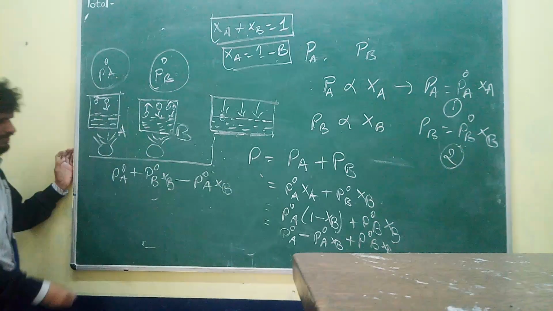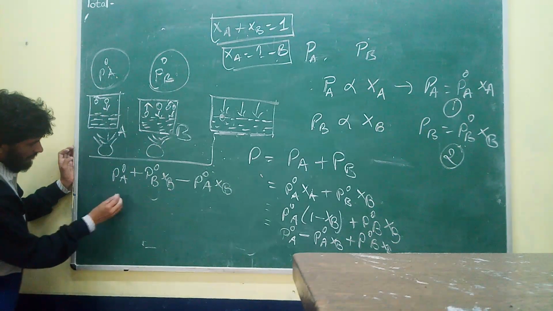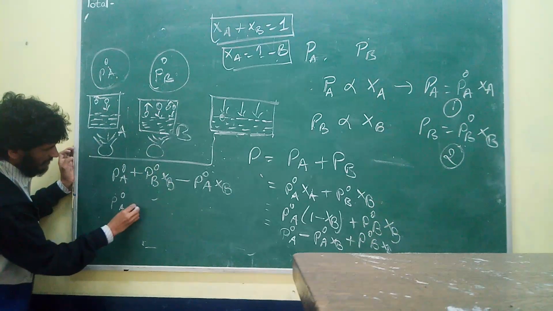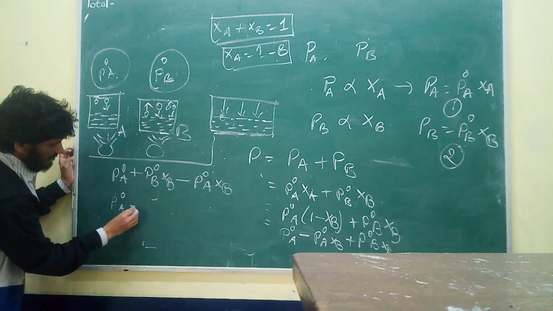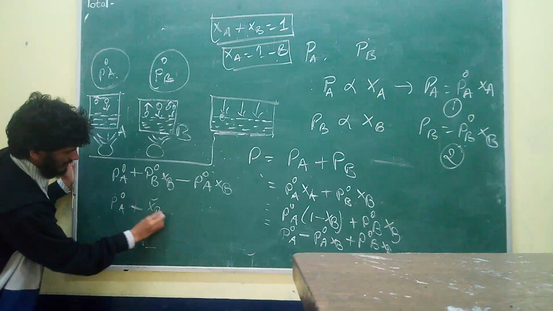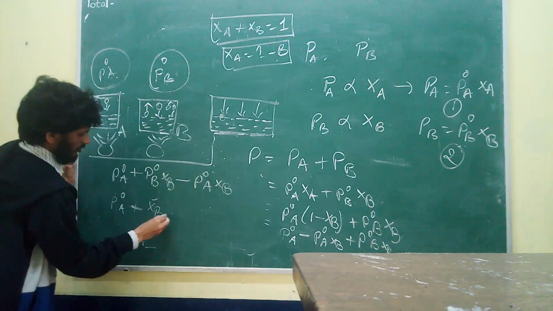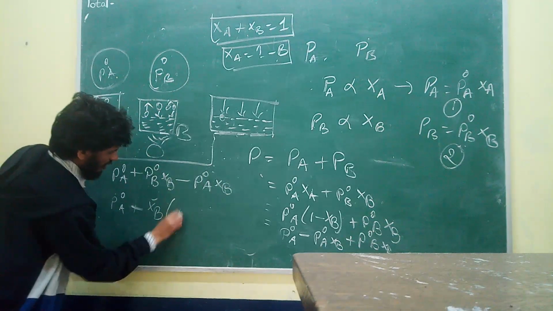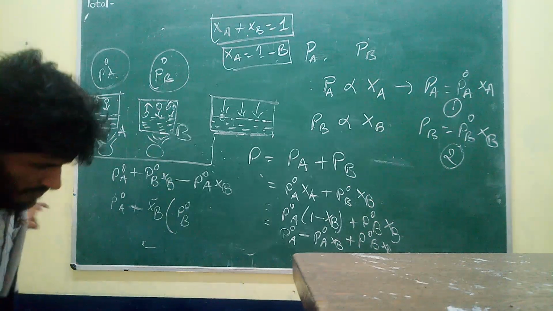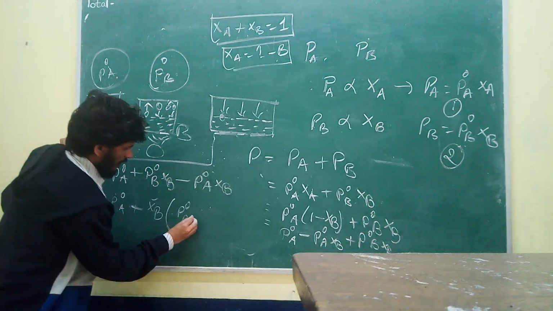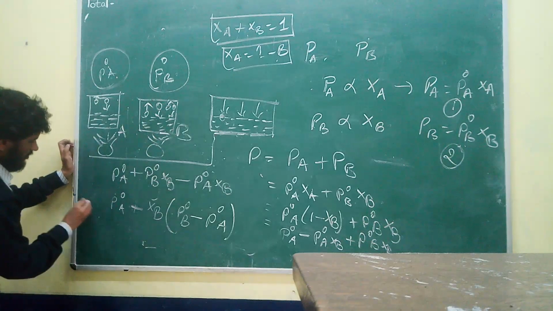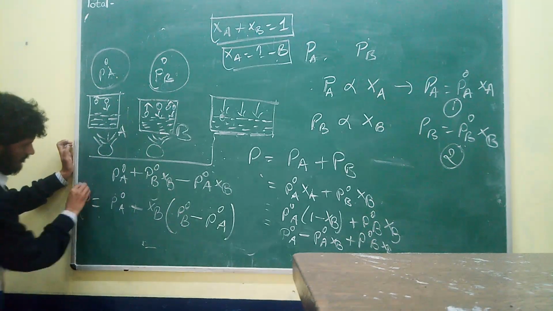Now we are taking common XB from these two terms, so P naught B remains and P naught A remains. So this is the solution.